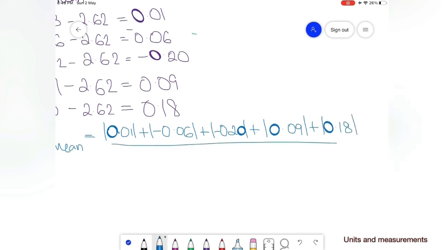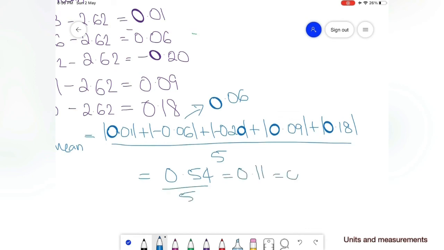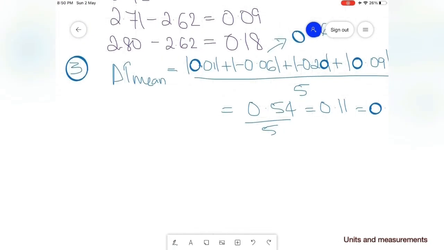You add all of these, divide it by 5, and you get the final answer. That is 0.54 divided by 5. That will give you 0.1 second. Alright.